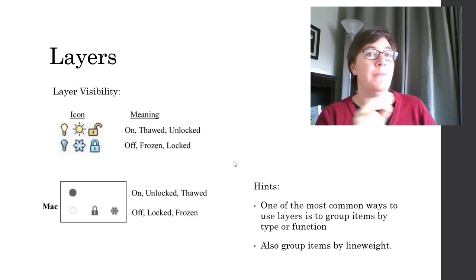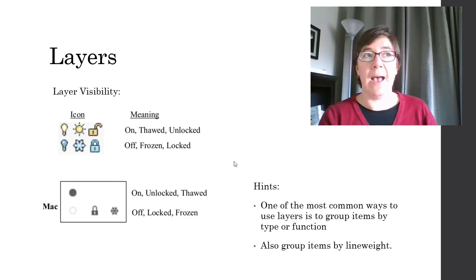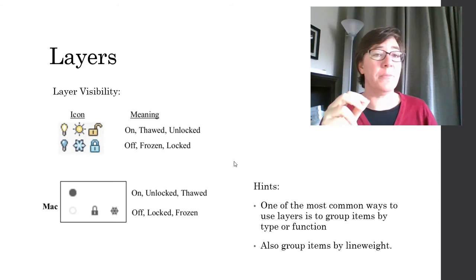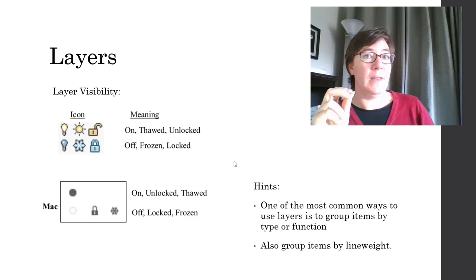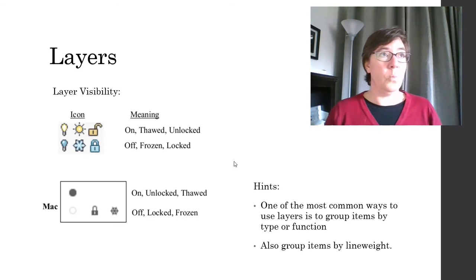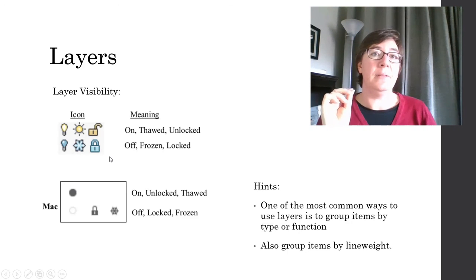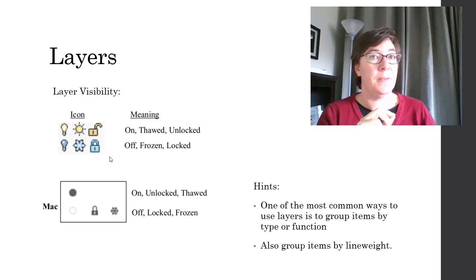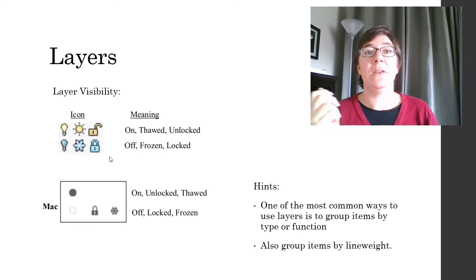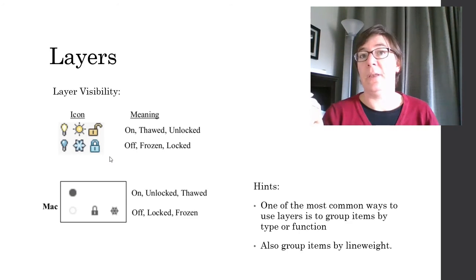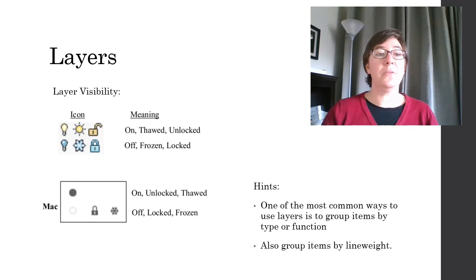Also, if you're dealing with files with extremely high amounts of memory, very, very large files, a frozen layer will make your file run faster. Finally, locked and unlocked. If a layer is locked, you will still be able to see it. It'll be visible, but you can't make any changes. So sometimes that's very, very useful.